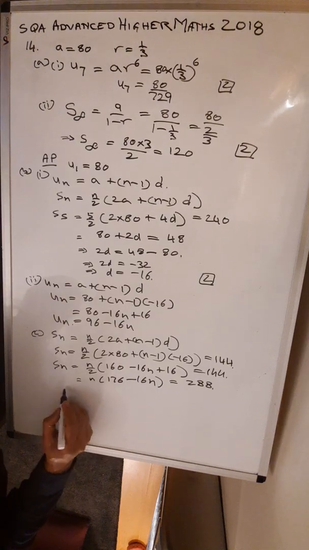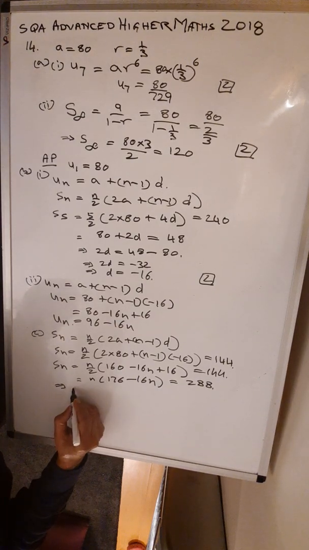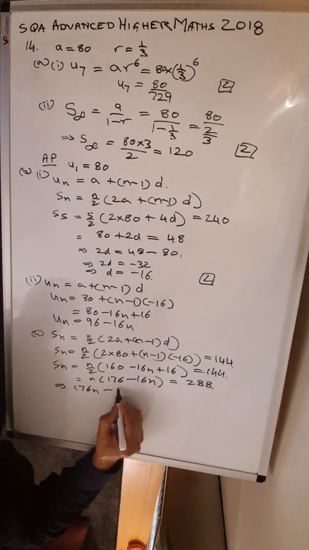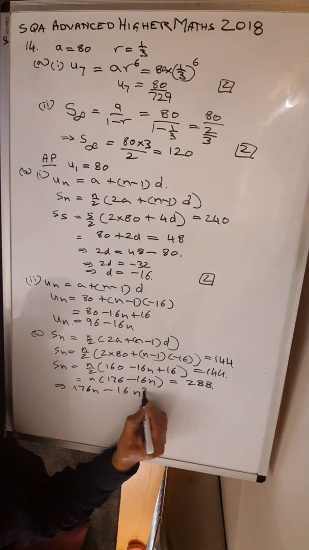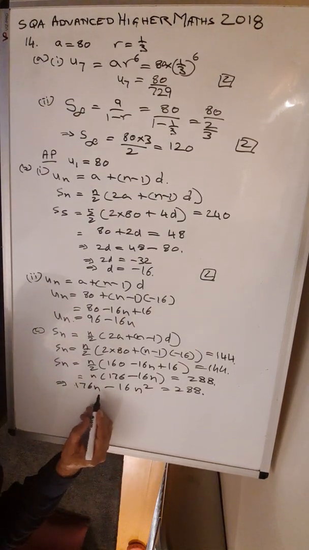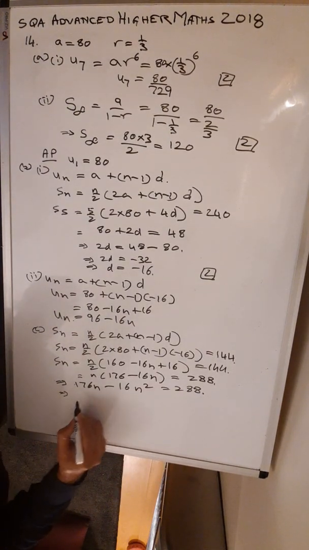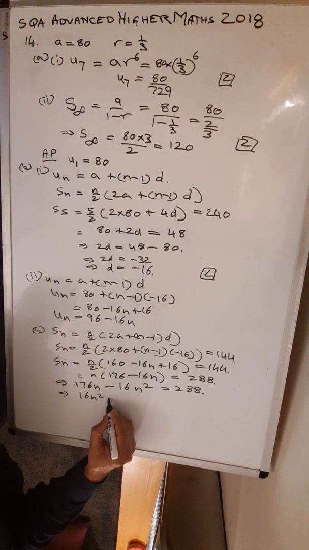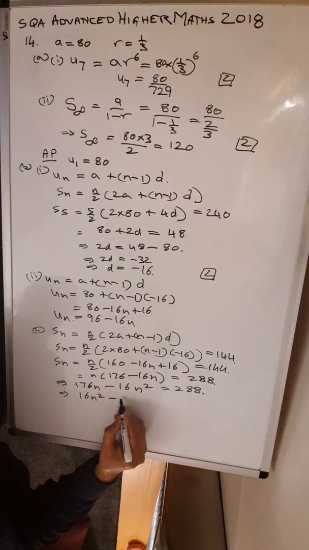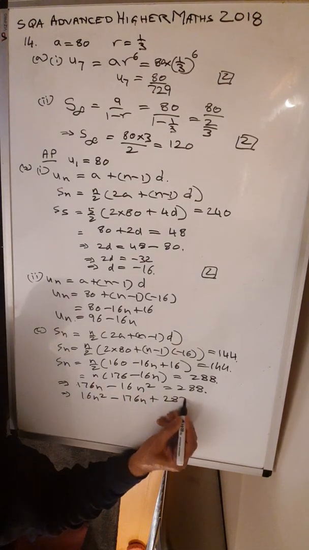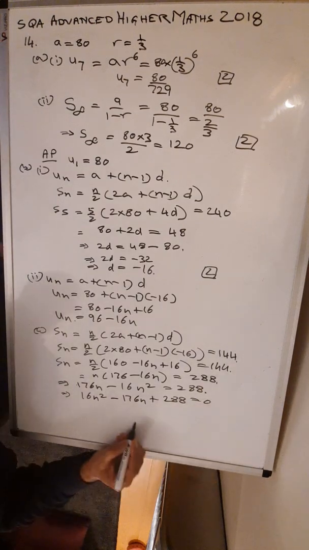That means that 176n minus 16n squared is equal to 288. You bring the 16n squared to the other side: 16n squared minus 176n plus 288 is equal to 0.